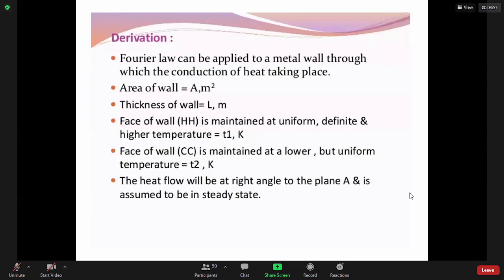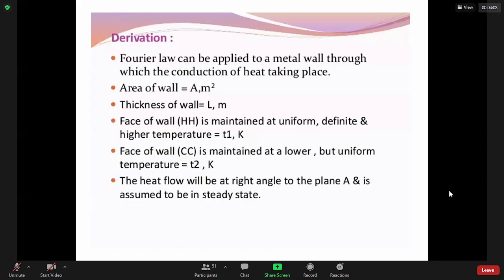So Fourier's law can be applied to a metal wall through which the conduction of heat takes place. The area of the wall is A in meters squared. The thickness of the wall is L in meters. Then the face of the wall on the hot side, which is represented as HH, is where we are actually applying the heat.